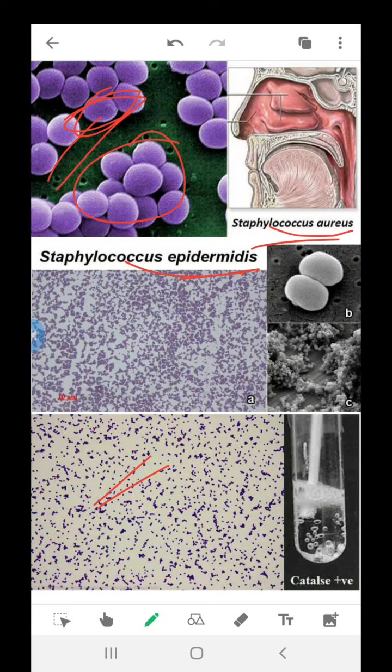All staphylococci are catalase positive. This is catalase positive. The coagulase and mannitol fermentation tests are used to distinguish Staphylococcus aureus from other Staphylococcus species.